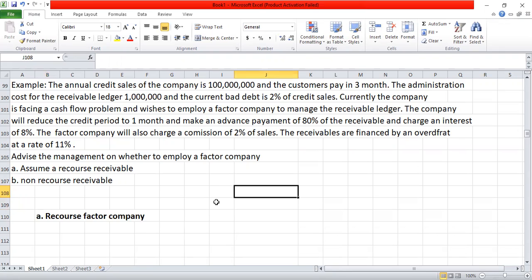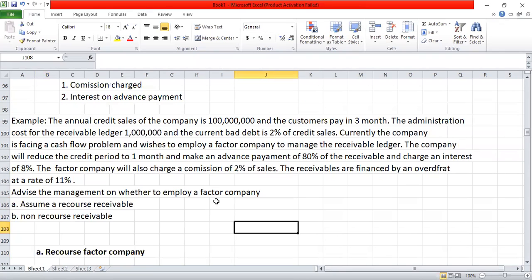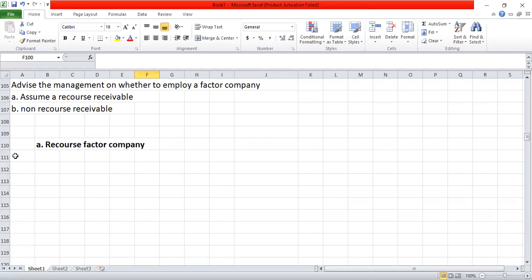So in this case, what we are looking at is the saving in administration cost.